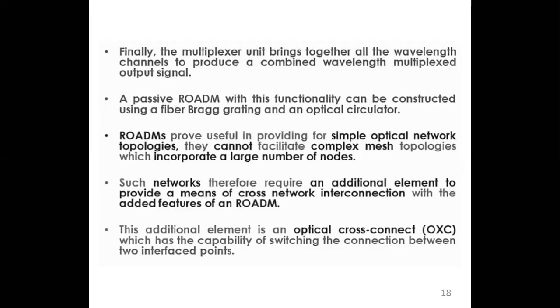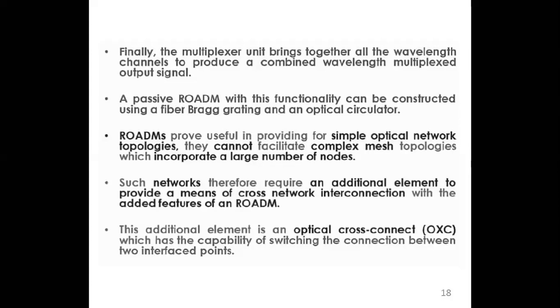This is another device which is used these days in all the optical networks, and it has the capability of switching the connection between two interfaced points. So we need to understand what these two interfaced points are. But before that, we just need to know why this OXC or optical cross connect is required.